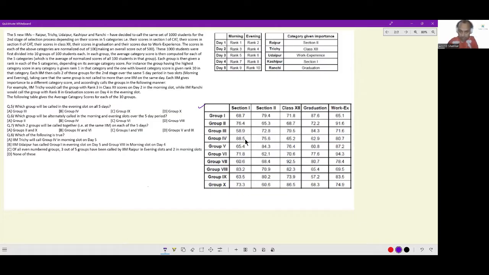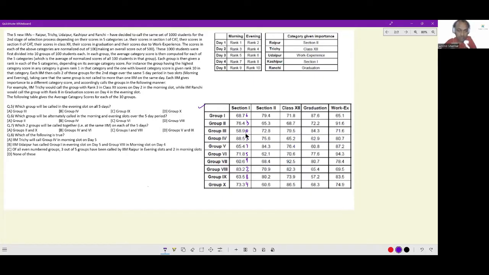Seems like a very boring one, but let's say for section 1, this will be rank 1, this will be rank 2, rank 3, rank 4, rank 5, rank 6, rank 7, rank 8, rank 9, and this will be rank 10.